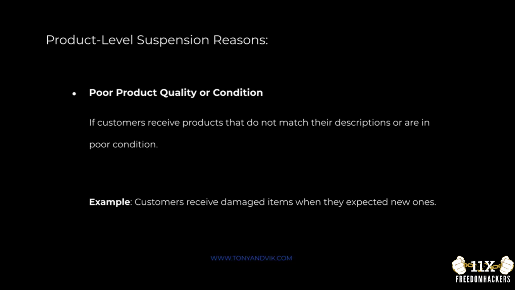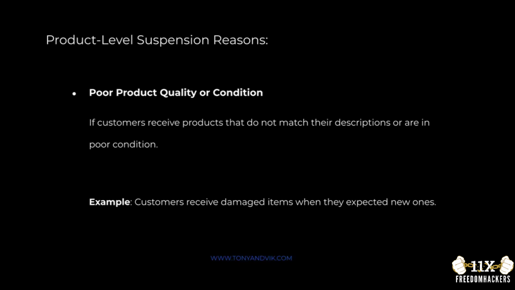So the customer will receive a damaged item when they expected a new one. So this would basically be defective. And one thing to also keep in mind is that Amazon tracks everything. So we have this order defect rate that is claimed as an acceptable order defect rate on Amazon.